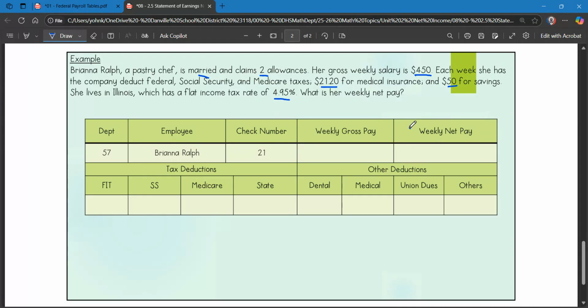All right, so we're looking for weekly net pay. We know weekly gross pay is $450. All right, so let's see. I need our federal income tax. Federal income taxes are FIT. She is married, 2 allowances, $450 a week.